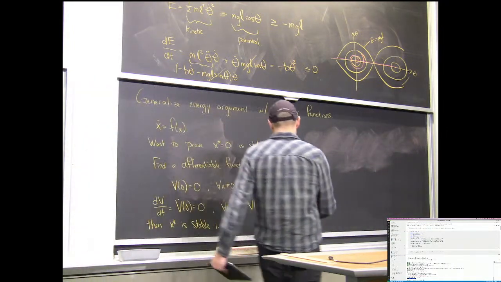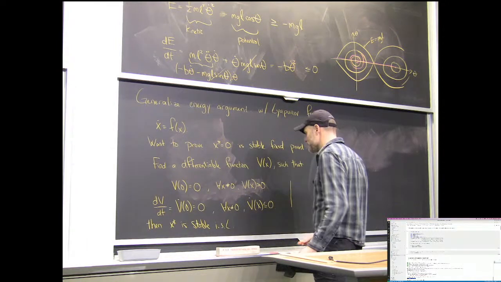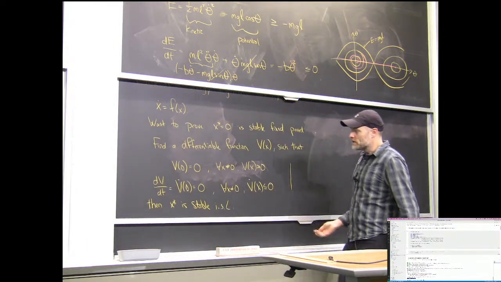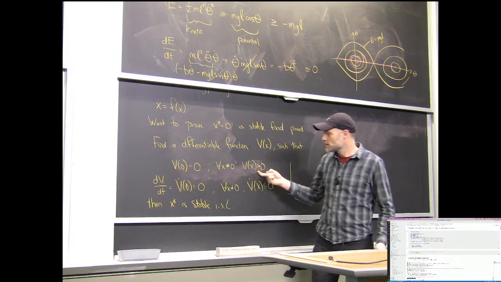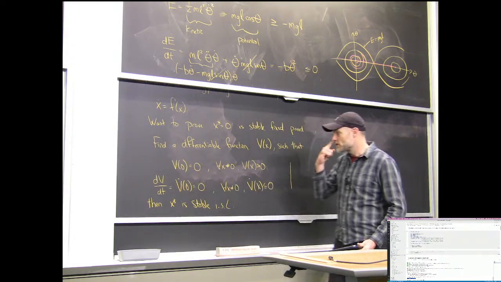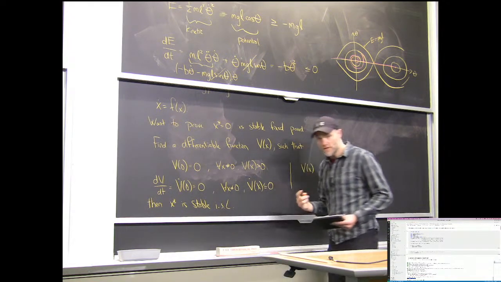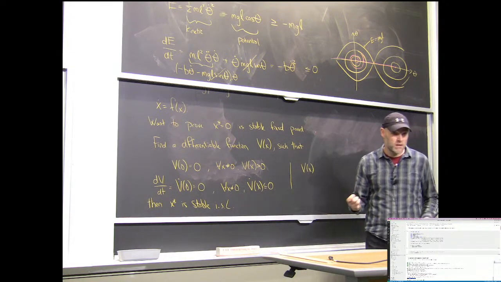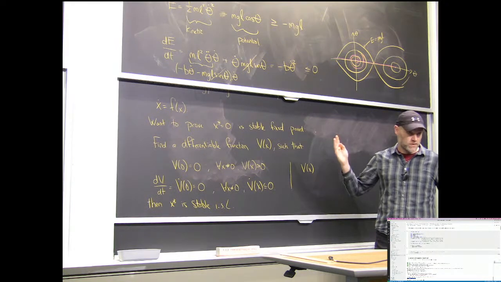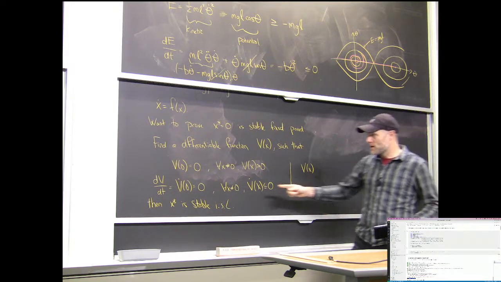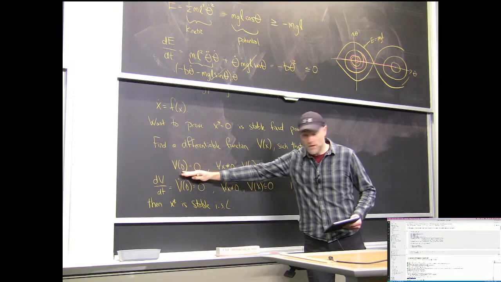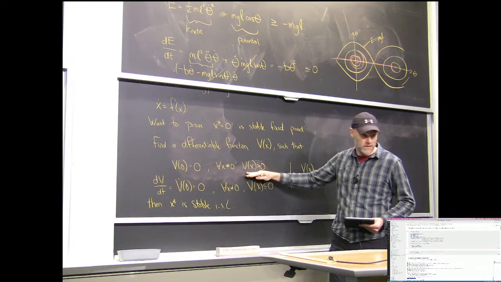Okay, so we're going to work with this and massage this and understand this in a few examples. But this notation is a little gross. I wanted to write it once, but in general, I'm going to use the same notation that we use for positive definite matrices for positive definite functions. So a positive definite function is one that's 0 at 0, but for all other x's, it's positive.